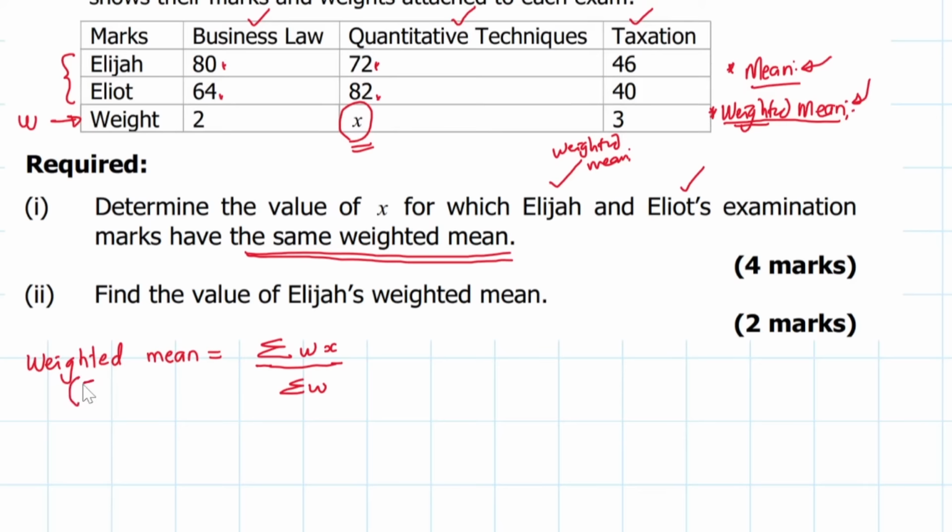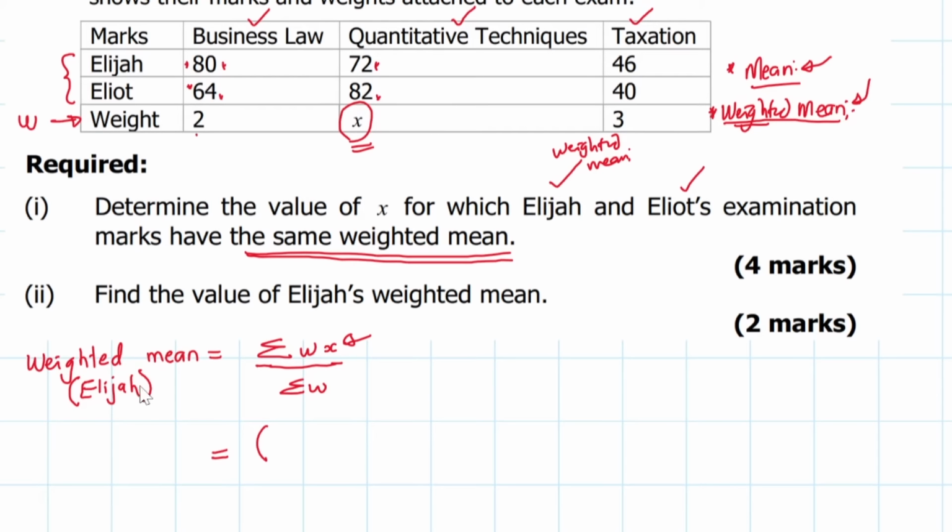Let's call this one the weighted mean for Elijah. The weighted mean for Elijah is the summation of the weight times x. The x here is the variable, and in this case the variable is the marks, because we are looking at marks of each of these people. So it's going to be the summation of the weight times x.